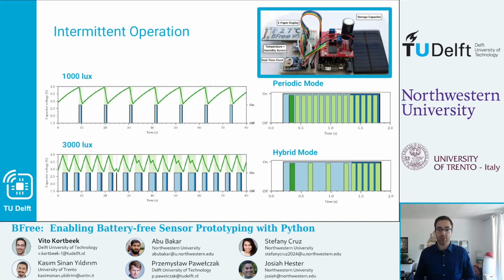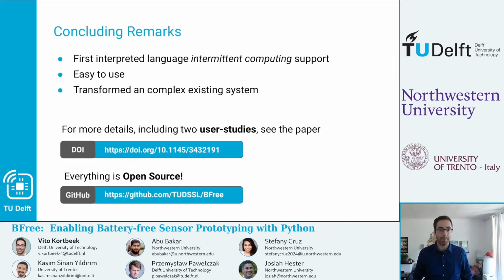There are a lot of checkpoints there which might not necessarily be needed. Below that is a hybrid mode, which can be dynamically changed to at any point in time through the Python code if you want to. During the light blue operation, so normal operation, there are not that many checkpoints, and when it's close to a power failure, suddenly more and more checkpoints come in. This is just one example of how you can change the system on the fly.